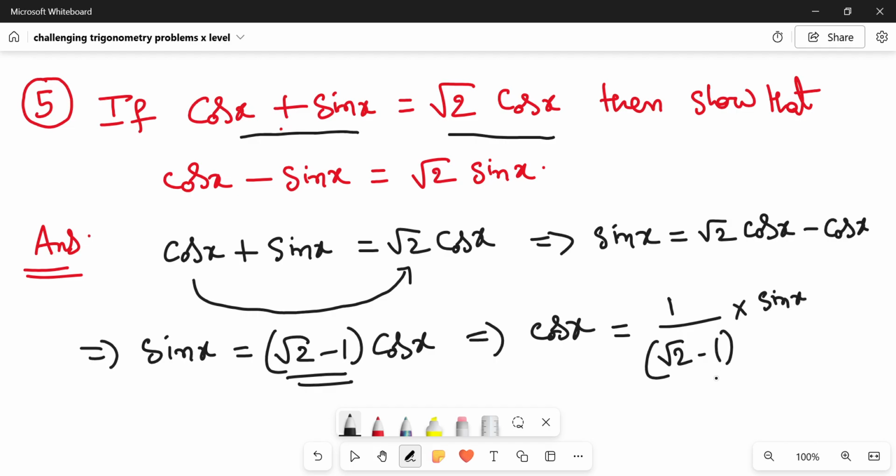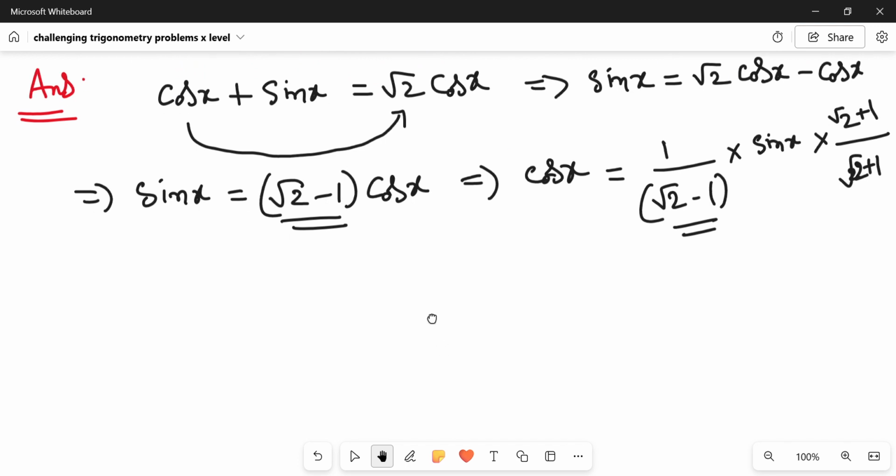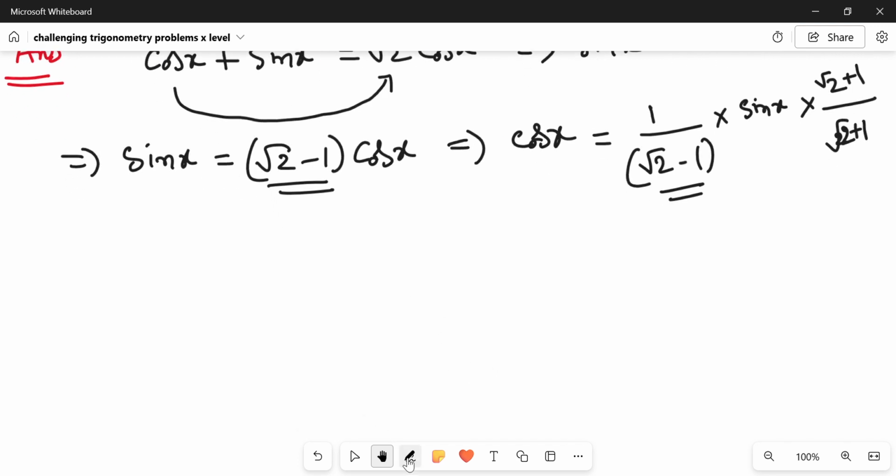Then what I will do is I will rationalize the denominator. So rationalization means just multiply with root 2 plus 1 divided by root 2 plus 1. So I think it's not clear, I will rewrite that step here.